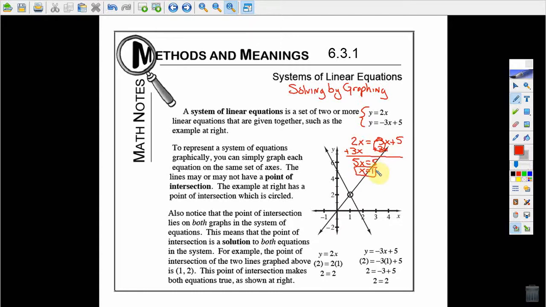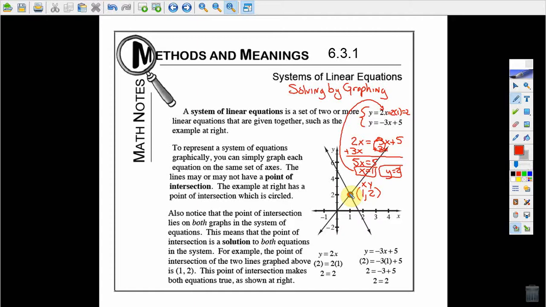And we could take that and plug it back into our original equation here and say that y equals 2 times 1, which is 2. That method would have told us that x equals 1 and y equals 2. Well, you can see when we graph it that these intersect at x is 1, y is 2. So that gives us the point of intersection for these two lines.